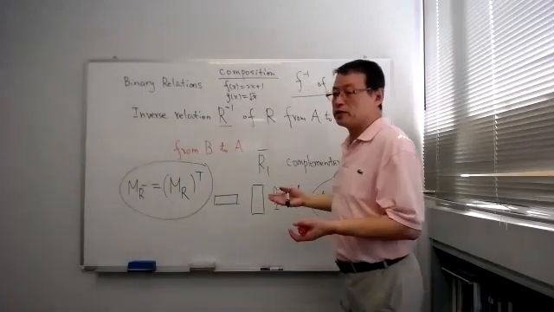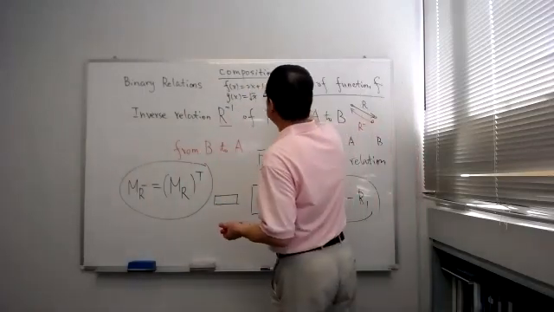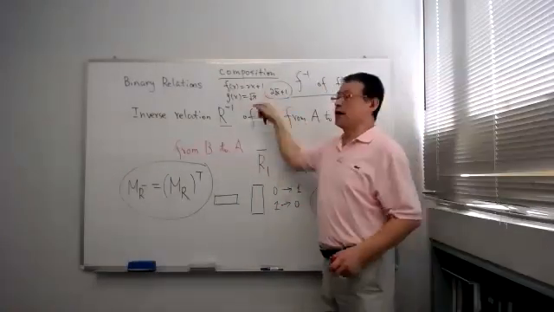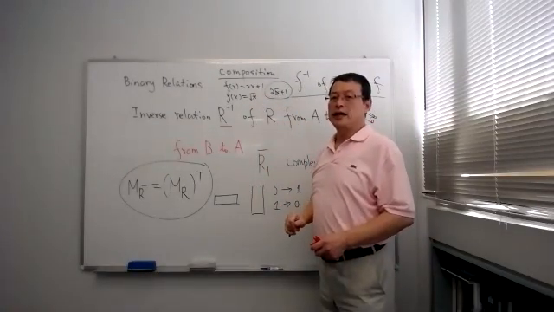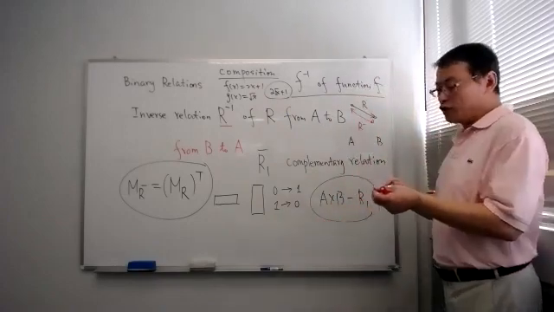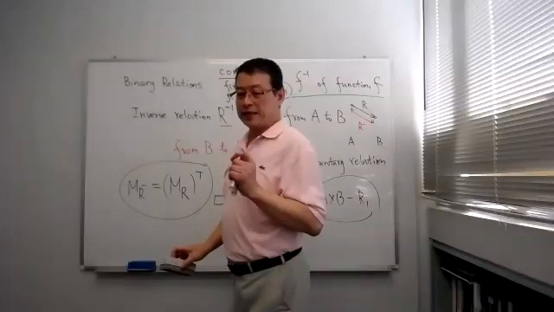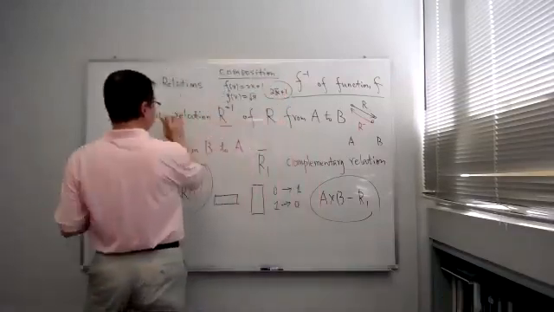We can combine them to obtain a new function, say square root of x plus 1, for example. That's the composition of these two functions. And similarly, we have composition of two relations. It's very simple, but be careful with the notation.